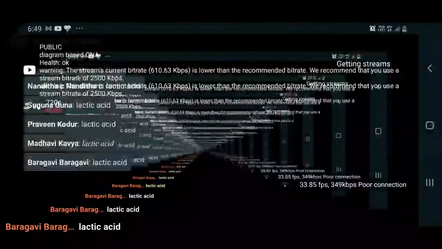Okay. When respiration takes place, the glucose converts into pyruvate. Where does this take place? The conversion of glucose into pyruvate, where does this happen?